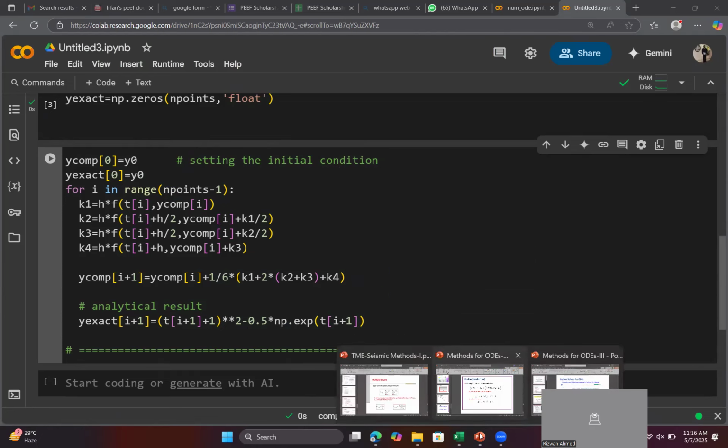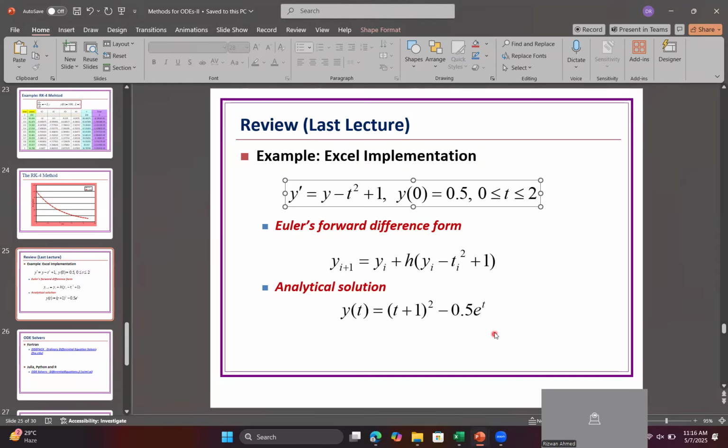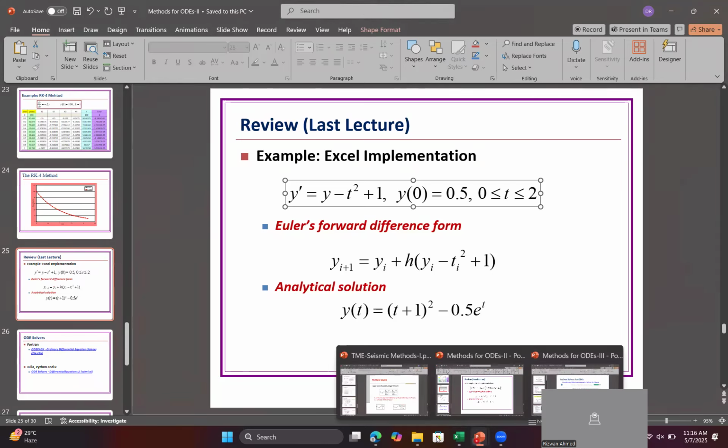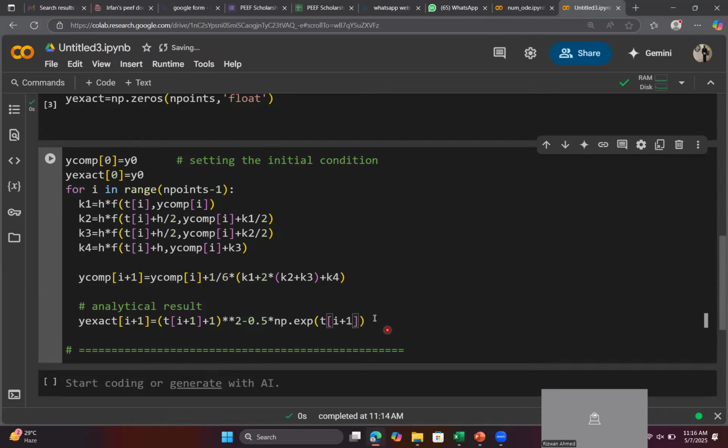I think this is the correct expression. E raised to the power t, plus 1 squared. Okay, t plus 1 squared, 0.5 numpy e raised to the power like this. Okay.